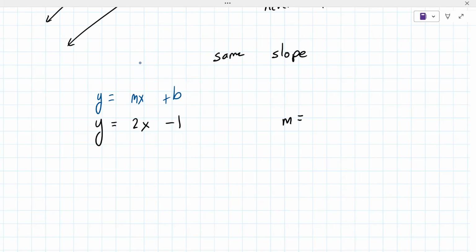Any idea or not? It's okay if you have no idea. I kind of forget how to. Okay, so slope is the number in front of x. What number is in front of x, or to the left of x? 2. So the slope is 2.